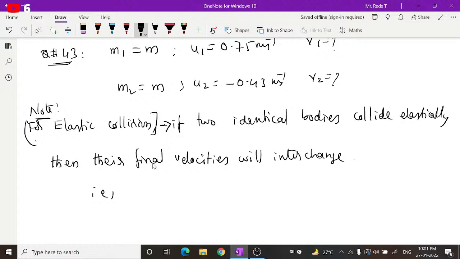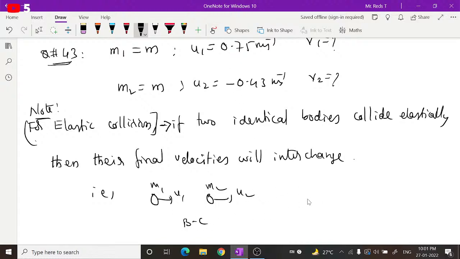That is, if the two bodies 1 and 2 are moving with u1 and u2, then the final velocities become as follows. You can take the diagram, then it will be a little more clear for you guys. This is m1, this is m2. It is moving with velocity u1, this is moving with velocity u2, maybe in the opposite direction also. Here the given value is negative, which means it is moving in the opposite direction. This is before collision.